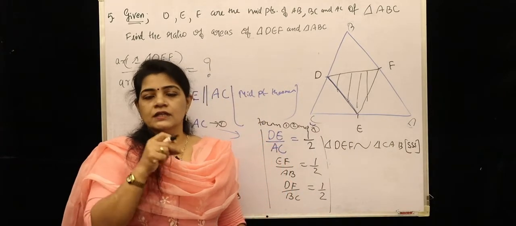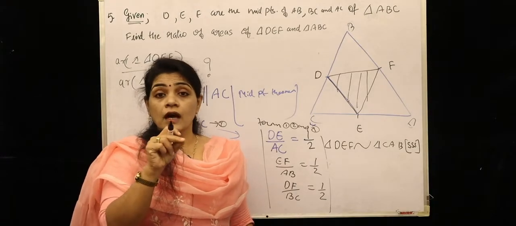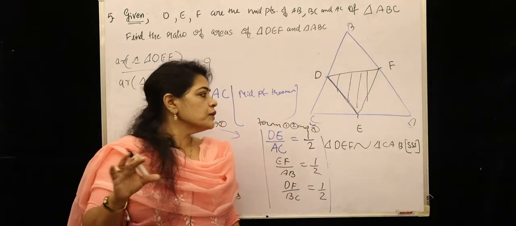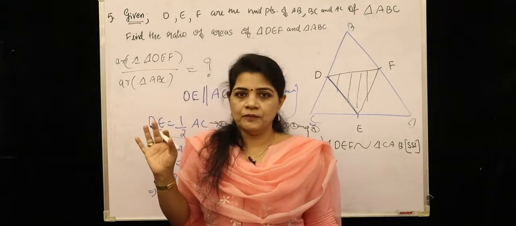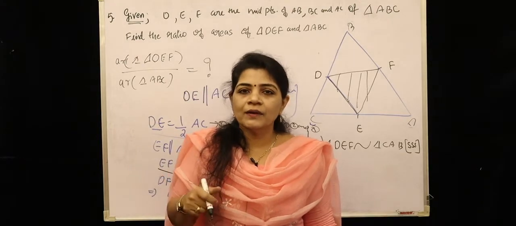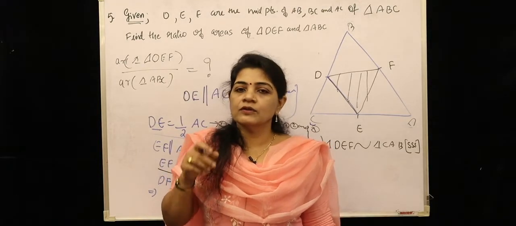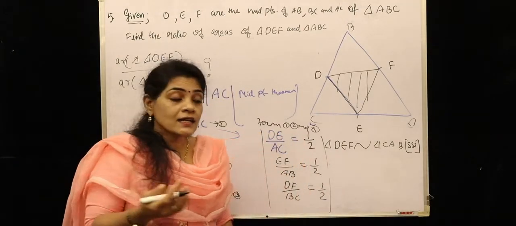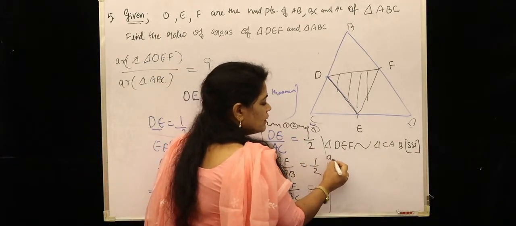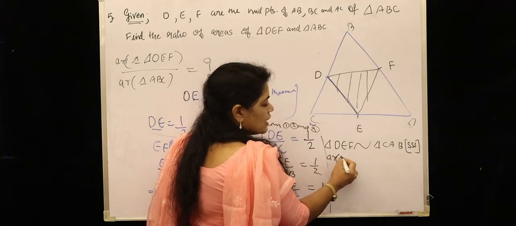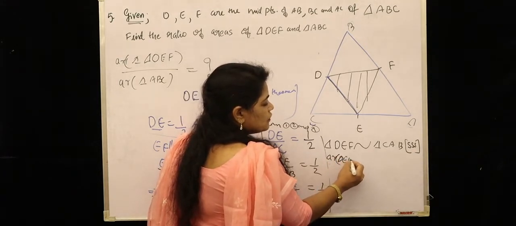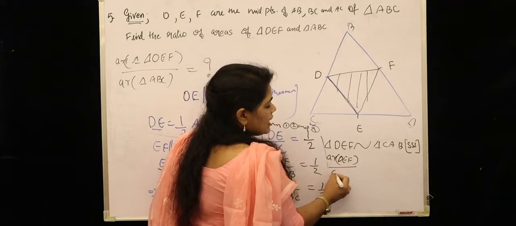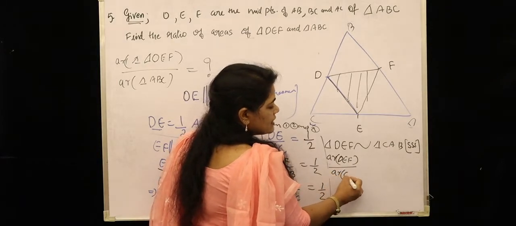What we have in this step is that we have proved these two triangles are similar. If so, you can apply the area ratio theorem. By the area ratio theorem, how can we represent the ratio between the areas of two similar triangles? Area of triangle DEF divided by area of triangle CAB.